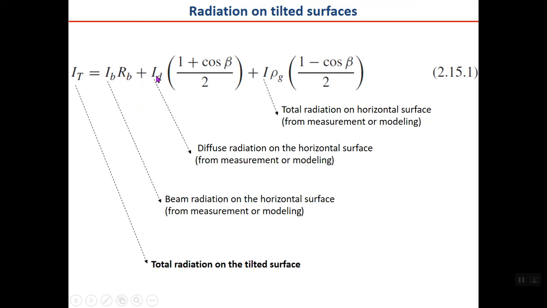But if you don't have the measured values for ID and IB, which is generally the case, I can say that in more than 90% of the cases, then you should calculate the values of ID and IB by the methods introduced in today's lesson in the previous slides.